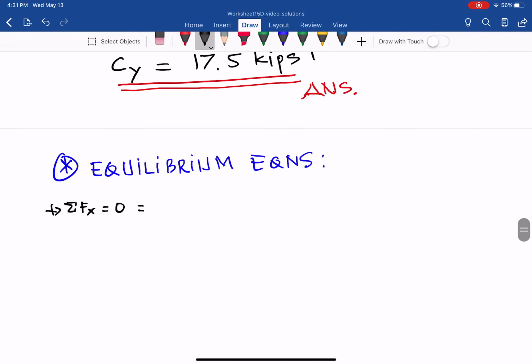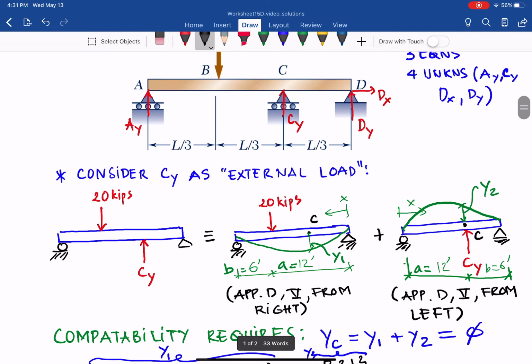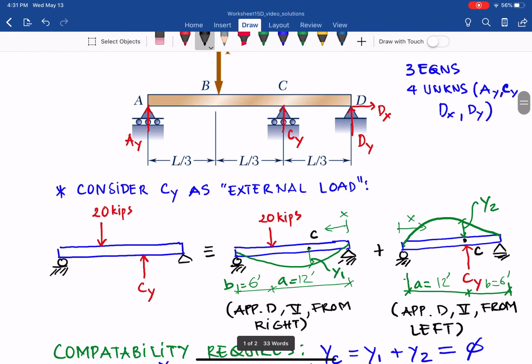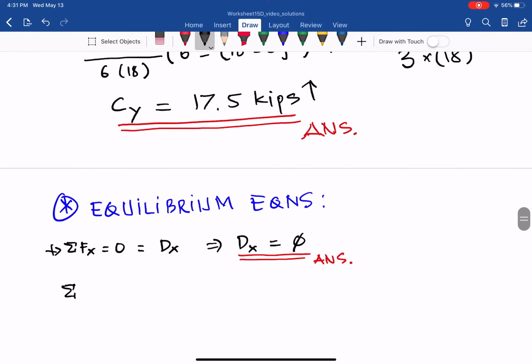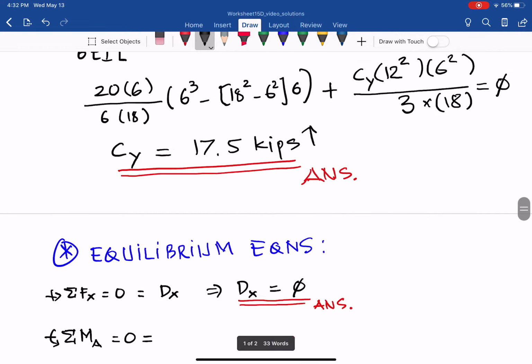So Dx equals 0. Answer. Sum up in the y direction, you have Dy and Ay not figured out. You take moments. Let's take moments about A to find Dy first. Sum of moments about A equals 0.